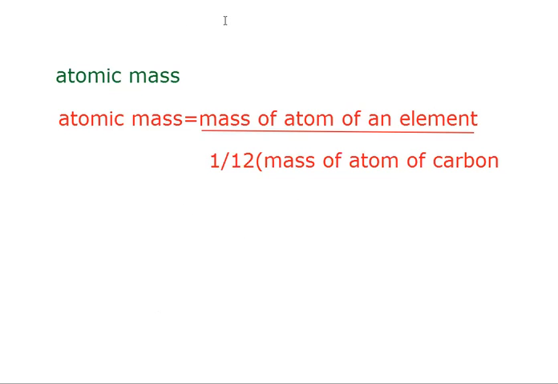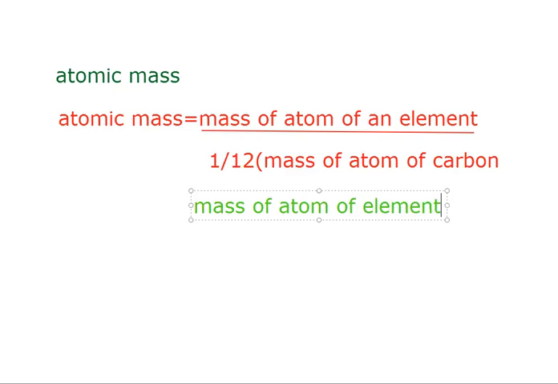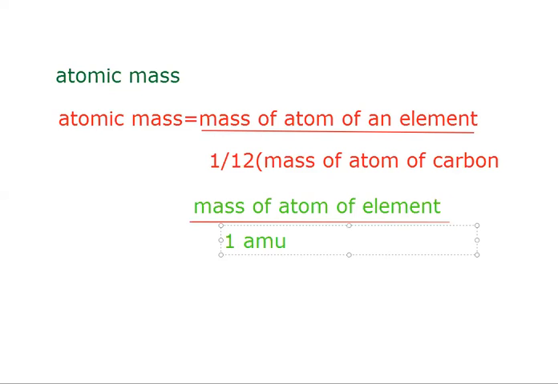But this 1/12 mass of carbon atom is again defined with a new value, that is known as atomic mass unit. Okay, so this formula which I have written can be written in one more form, that is mass of atom of element, divided by 1 AMU.